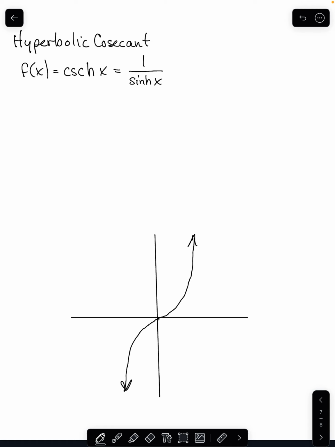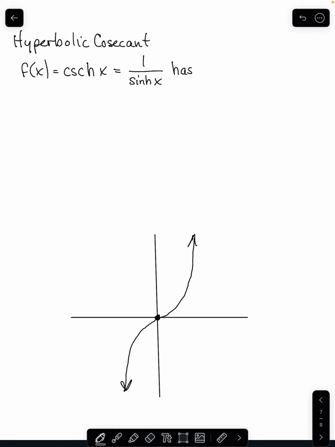And we do need to be careful then, because there is a place where hyperbolic sine achieves an output value of 0, which therefore means hyperbolic cosecant would approach infinity and be undefined at 0.